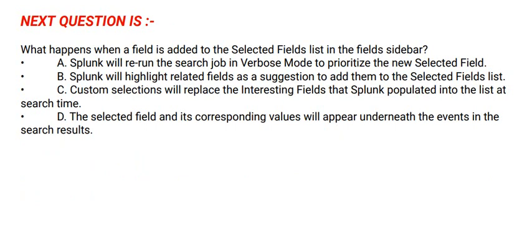Option B, Splunk will highlight related fields as a suggestion to add them to the selected fields list. Option C, custom selection will replace the interesting fields that Splunk populated into the list at search time. And option D, the selected field and its corresponding values will appear underneath the events in the search results.